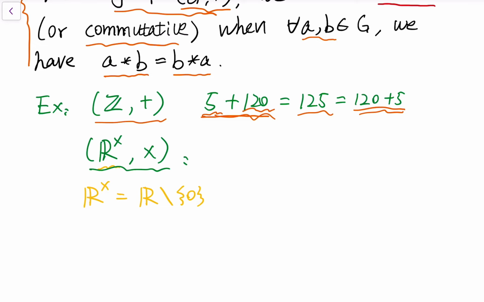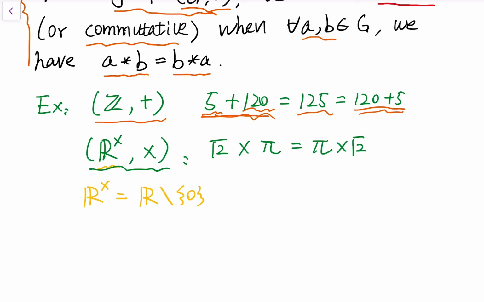This group is Abelian because, for example, square root 2 is not 0 and is a real number, and multiplied with pi, which is also a non-zero real number, it is equal to pi times square root 2.